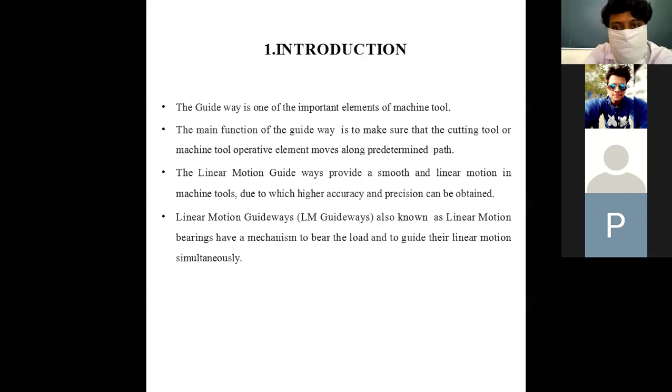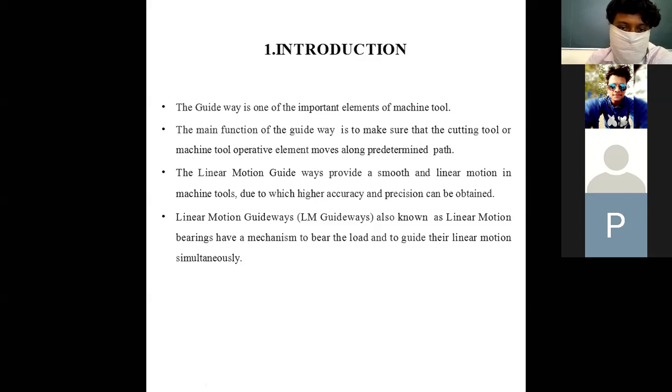Okay, so let us discuss in detail what is meant by a guideway and why it is an important mechanical component in a CNC machine. Its main function is to make sure that the cutting tool or machine tool operative element moves along a predetermined path. Now, as you know, in a CNC machine we program such that the path of the tool is predetermined, right?